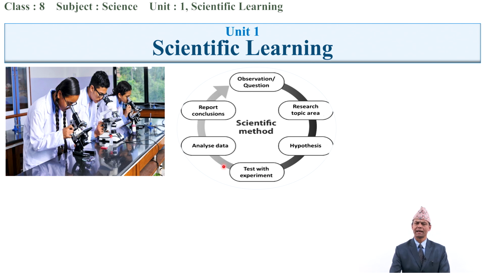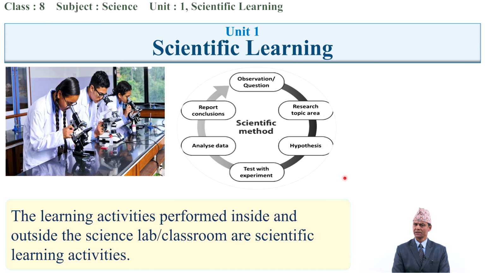Then we analyze the data and find the result. Based on the result, we prepare the report writing in the scientific study. So the scientific learning process involves the detailed process of scientific investigation and interpretation. Scientific learning activities are performed inside and outside the science lab, classroom, and beyond the classroom also.